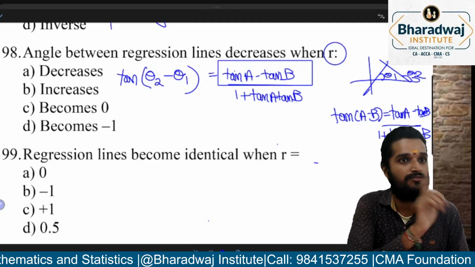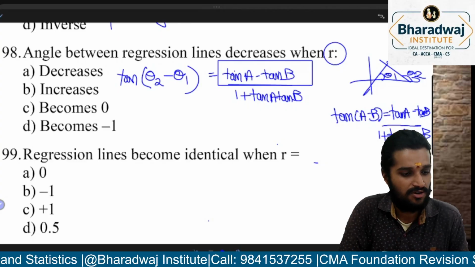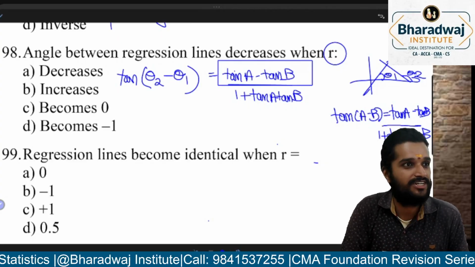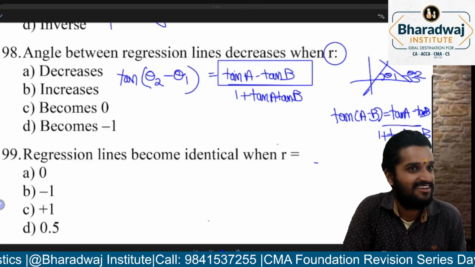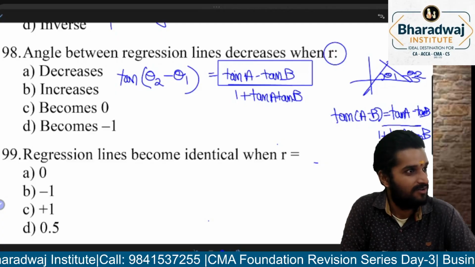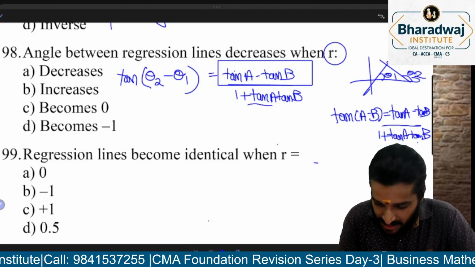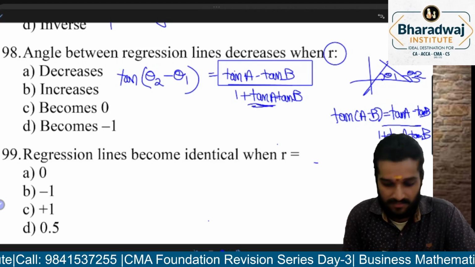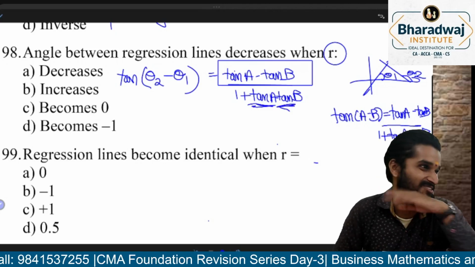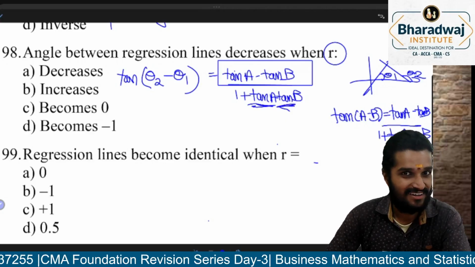The product of two regression coefficients. What is a regression coefficient? Tangent of an angle, which is equal to slope. So this is nothing but the product of slopes, which is R square.